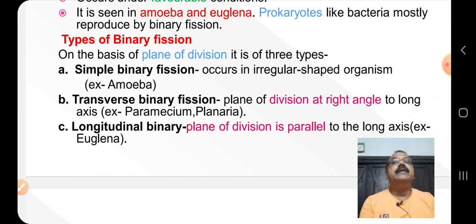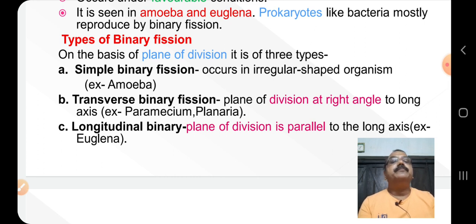In case of simple binary fission, division occurs and it is found in case of irregular shaped organisms. The two organisms produced may not be same or similar in structure.